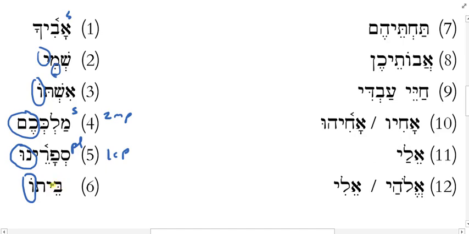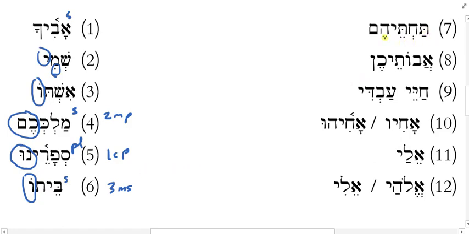That yod is just part of the noun. Okay? So there's no yod before the pronoun here. This pronoun is third masculine singular. So how many are these? One. It's a singular noun. So how would you translate beito? His house. His house. All right.